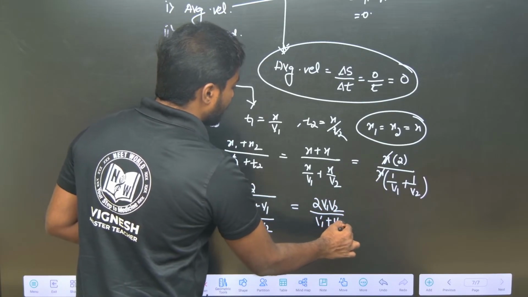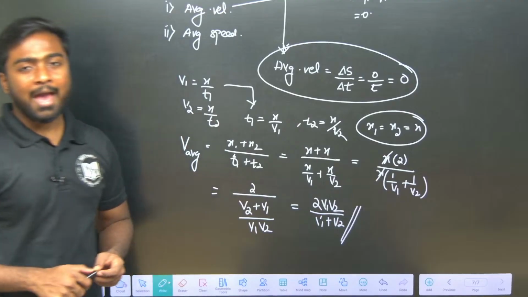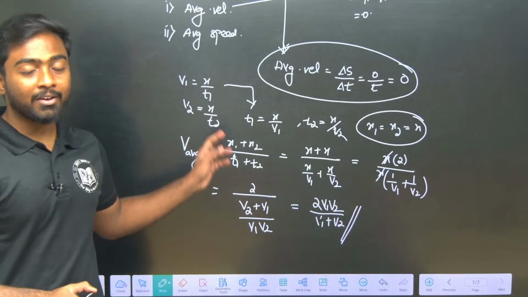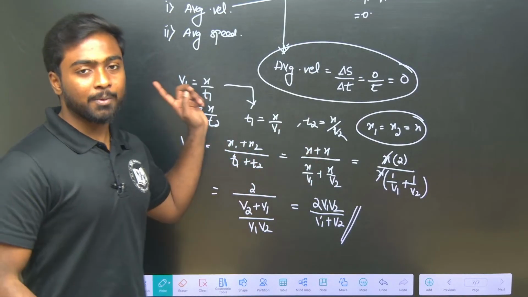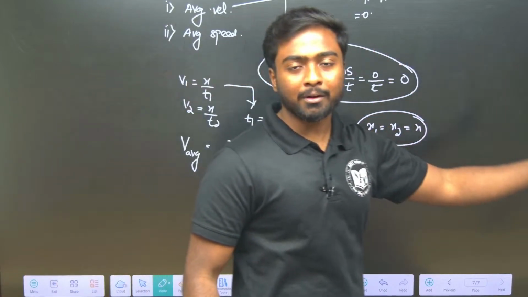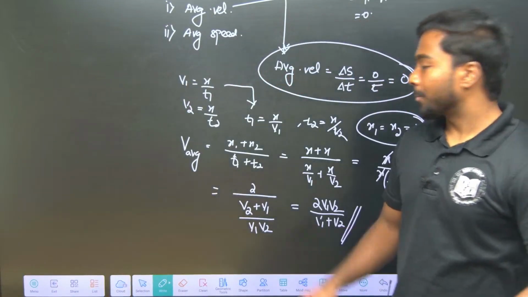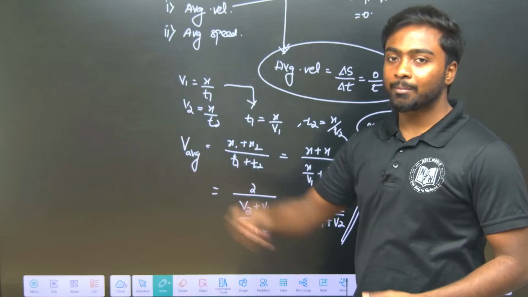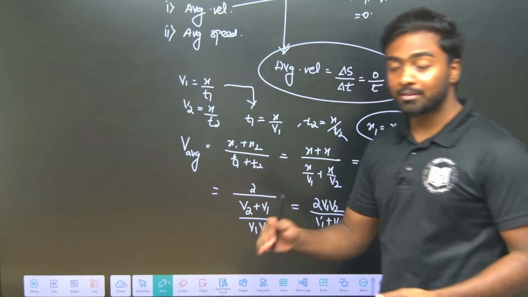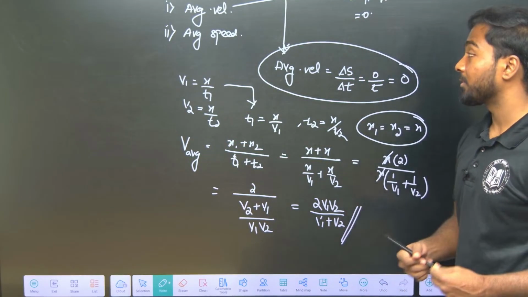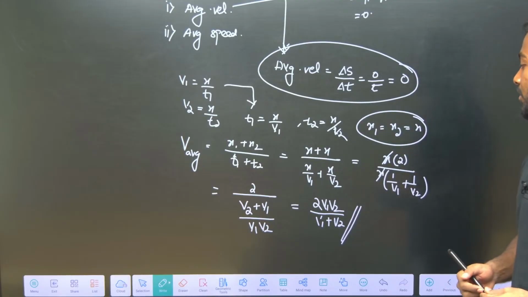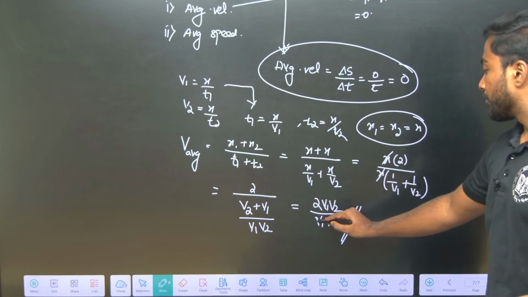This is the answer for the average speed of the object that has travelled from point A and returned to the same point with some other velocity or speed. Okay. So, this is my formula.